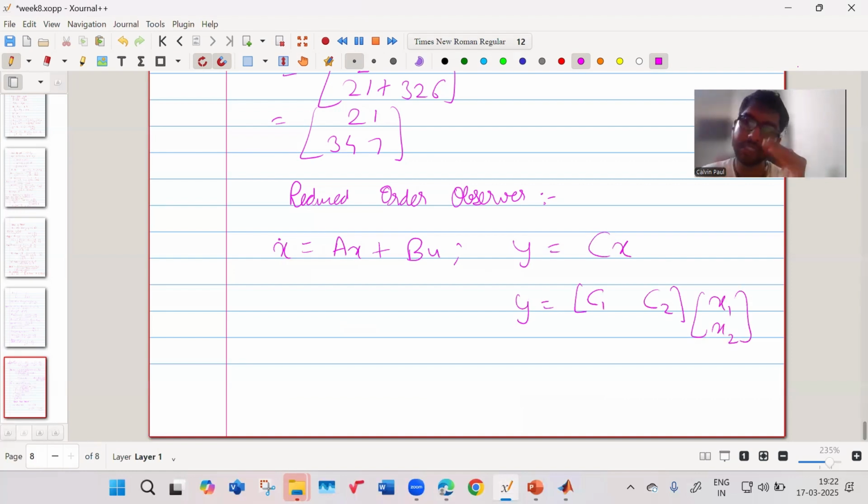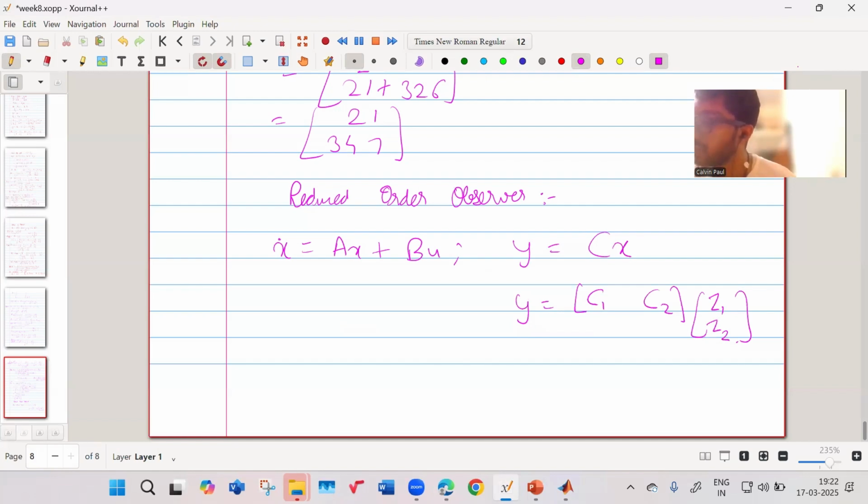We partition our state into two separate vectors of states. This is a bit confusing. It should not be x1, x2. Let me make it z1, z2. So y is C1, C2 times z1, z2.